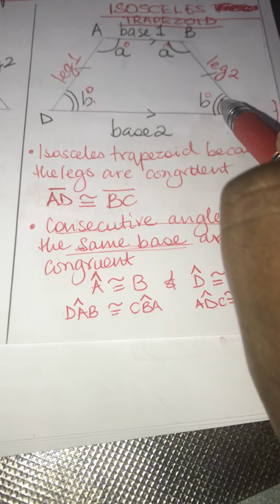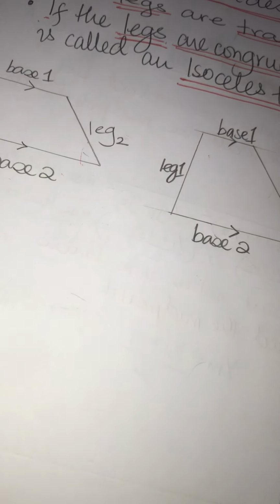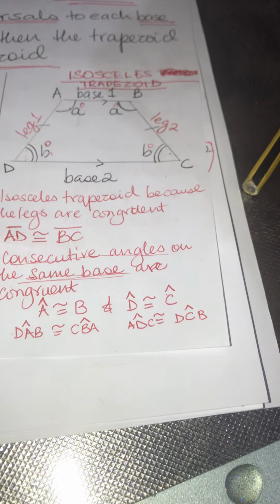Now, in an isosceles trapezoid, the angles made by the legs are supplementary. But I don't think it's only in isosceles. Even here, this angle plus this angle will be supplementary. So here we should also write more equations.